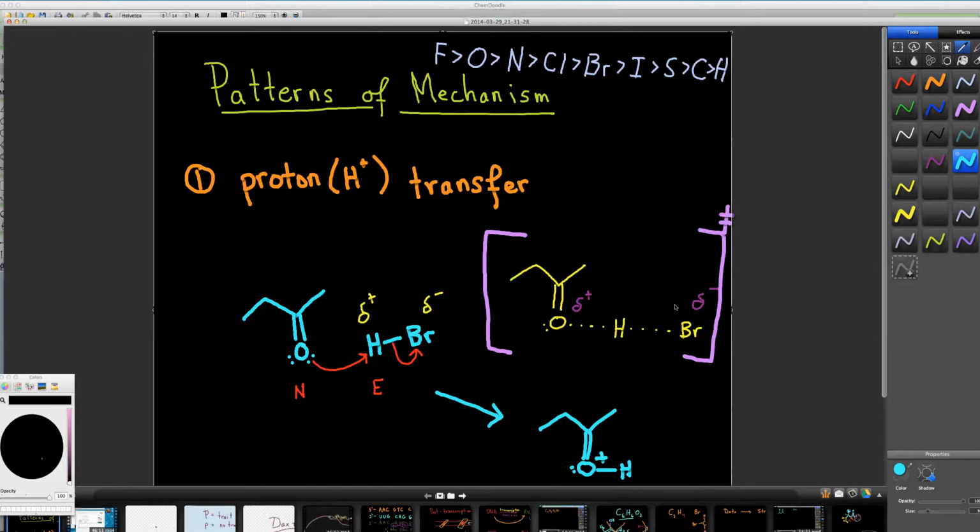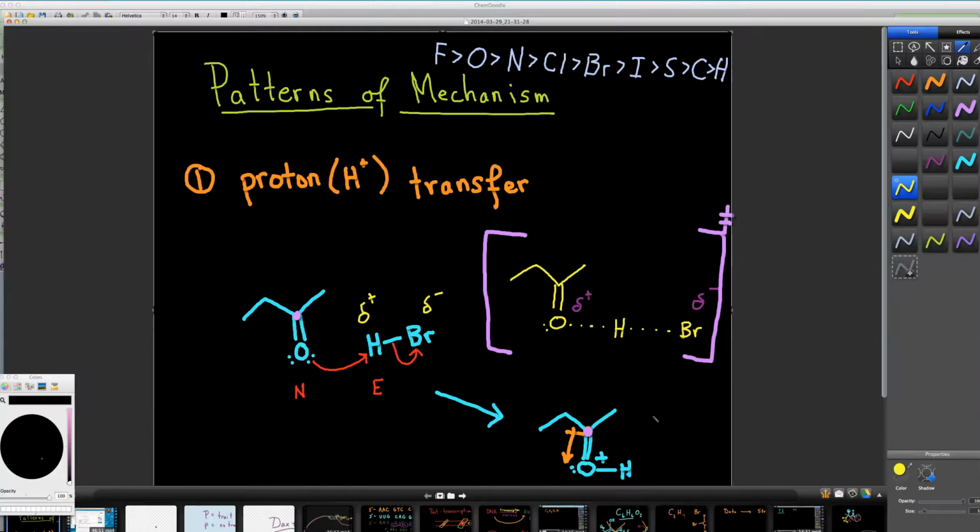This is significant because the positively charged oxygen is going to create a significant dipole difference. And so now this carbon that I'm highlighting, actually I'm going to highlight this in pink, is much more electrophilic than it was before the acid-base reaction.